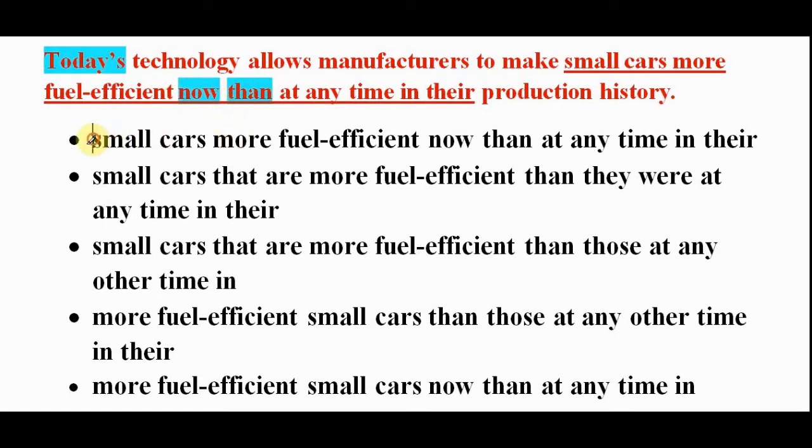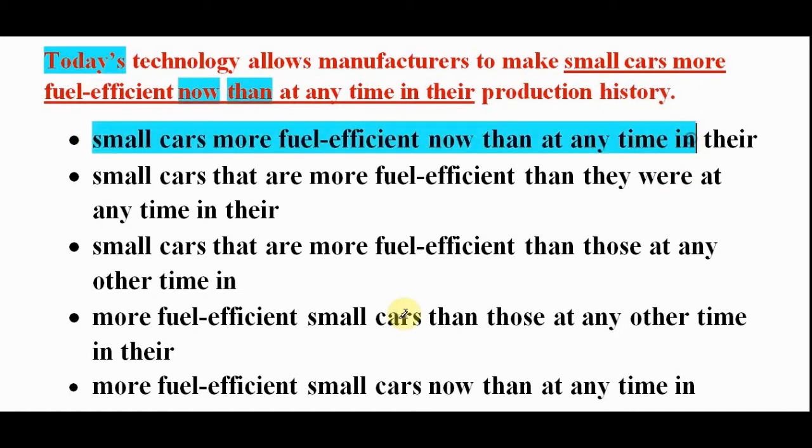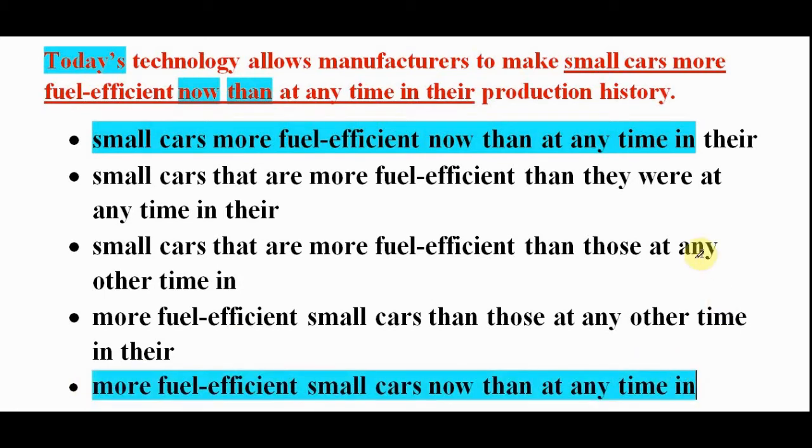Alright, so option A out, and even you can eliminate option C, option E, and these are shortcuts. If you want to look at meaning, look at it. It says small cars more fuel efficient now. What does it mean? That technology allows manufacturers to make small cars now than at any time.